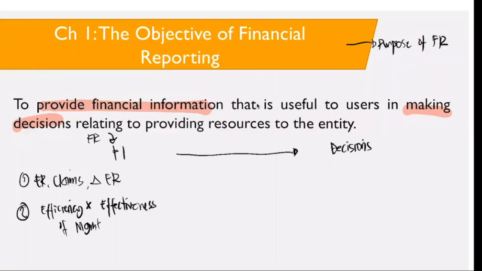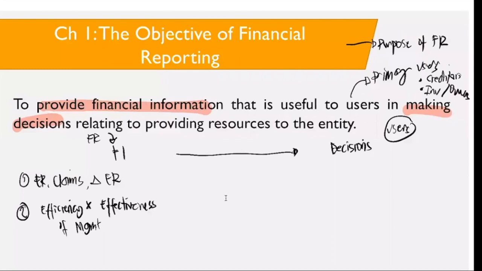Now, based on this financial information, what are the decisions made by the users? When we talk about users, we said these are the primary users. Who are the primary users again? We said these are the creditors and also the investors or owners. So, what are the decisions of these users?